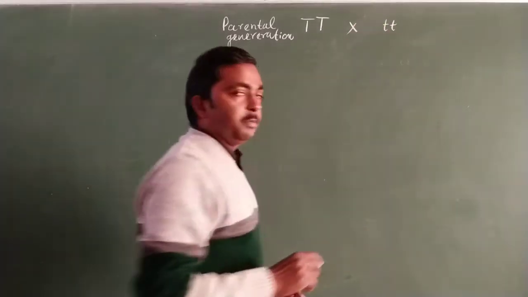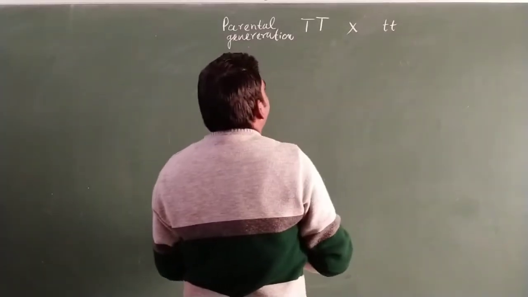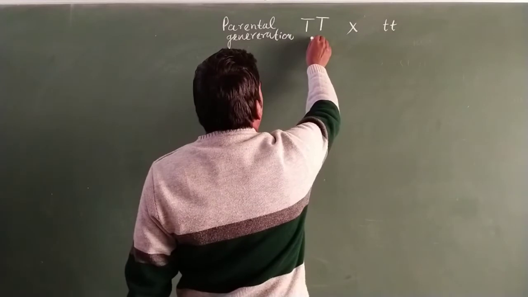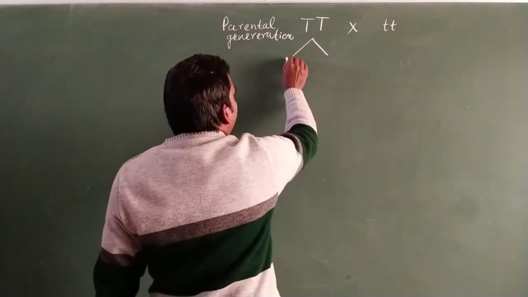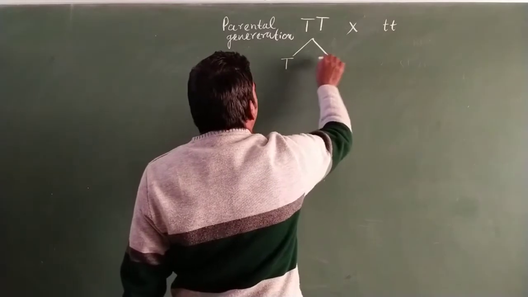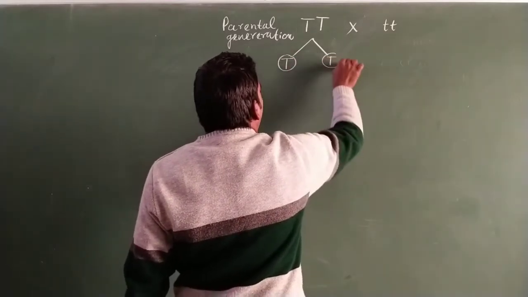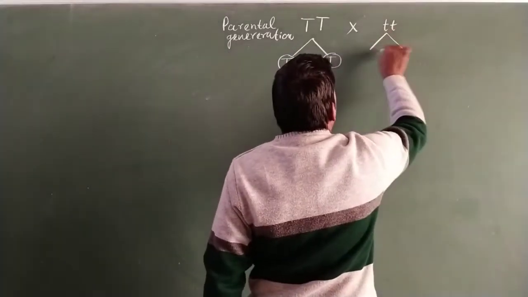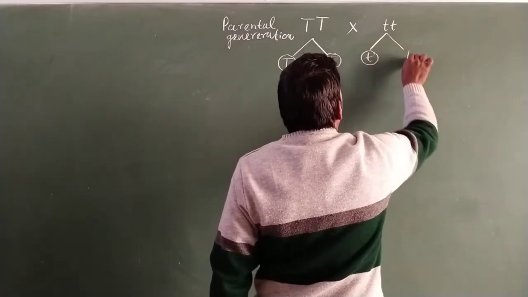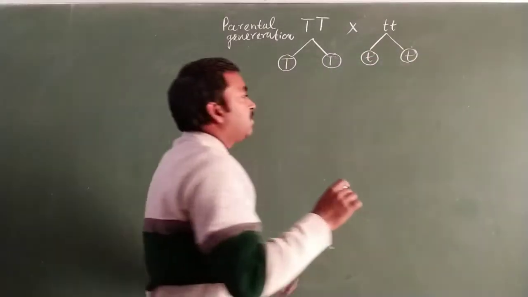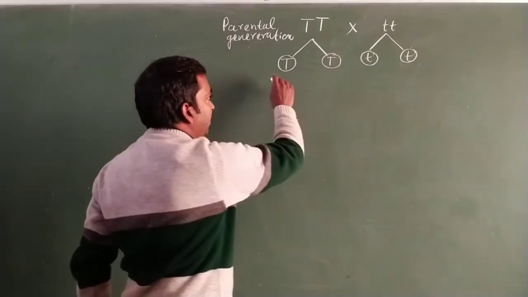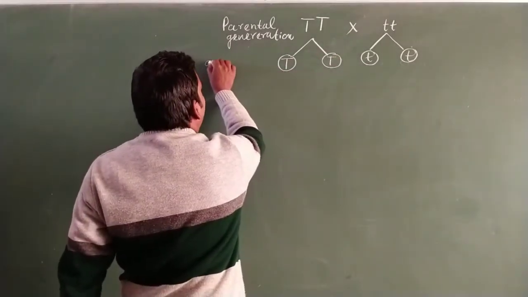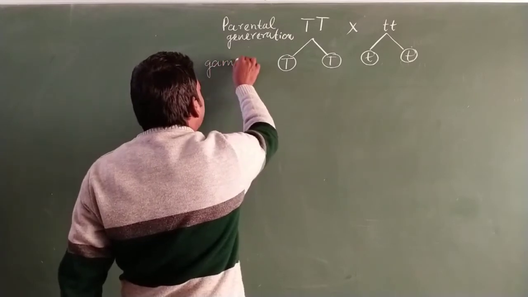So first Mendel was crossing between these two parents. The crossing takes place after gamete formation. So there are two gametes, and both are similar. The gametes of the first parent are capital T, and the gametes of the second parent are small t, small t. So these are the gametes.